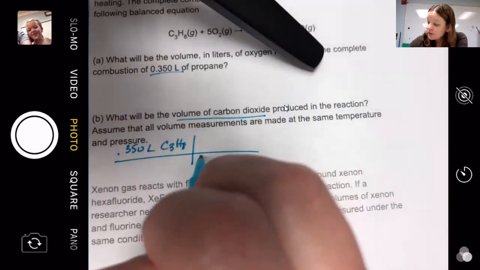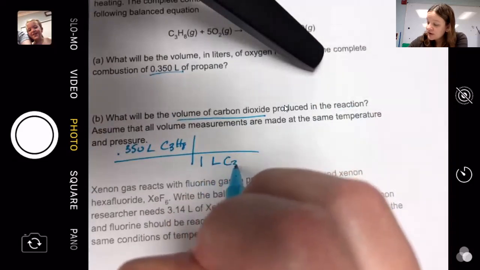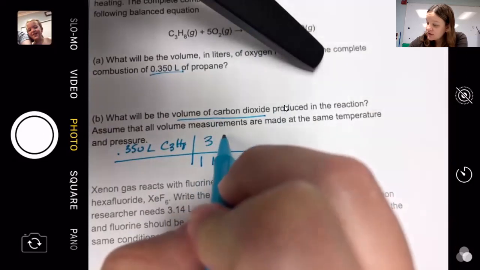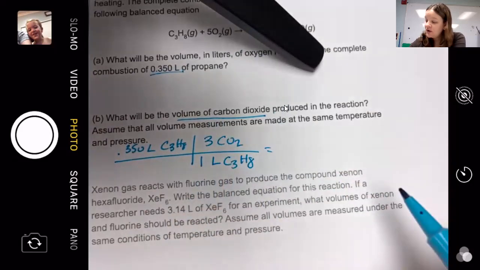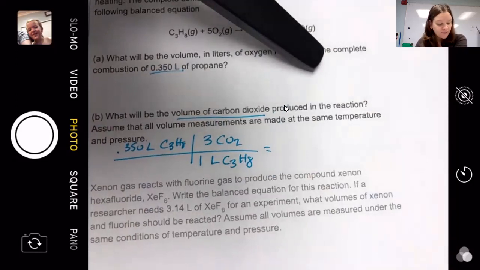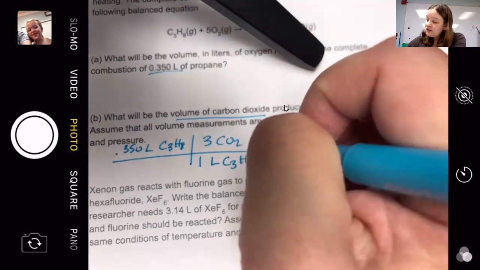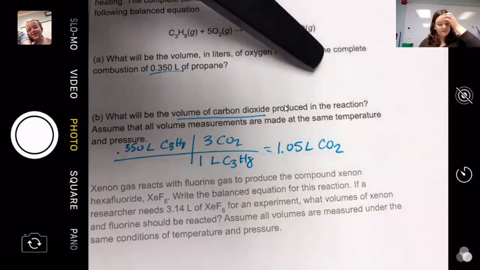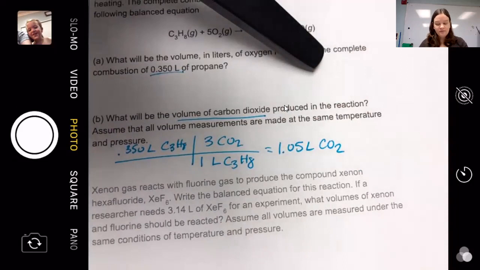So I look at my equation up here, 1 liter of C3H8 is going to produce 3 liters of CO2. So I would just multiply the 0.35 by 3 this time. And I get 1.05 liters of carbon dioxide.